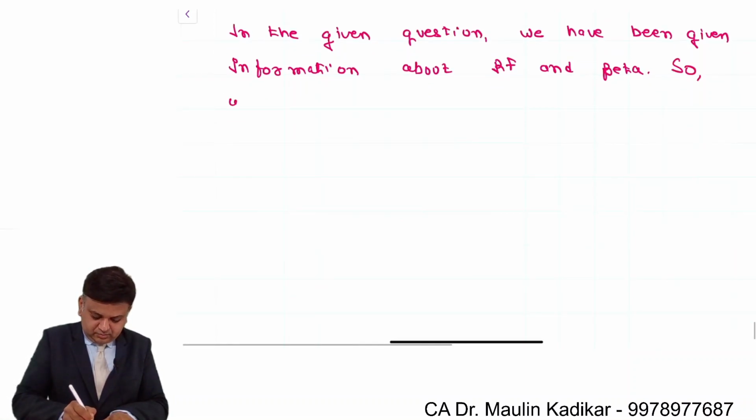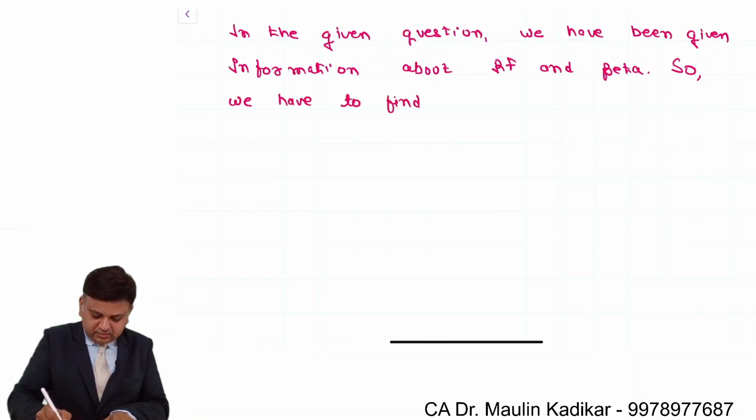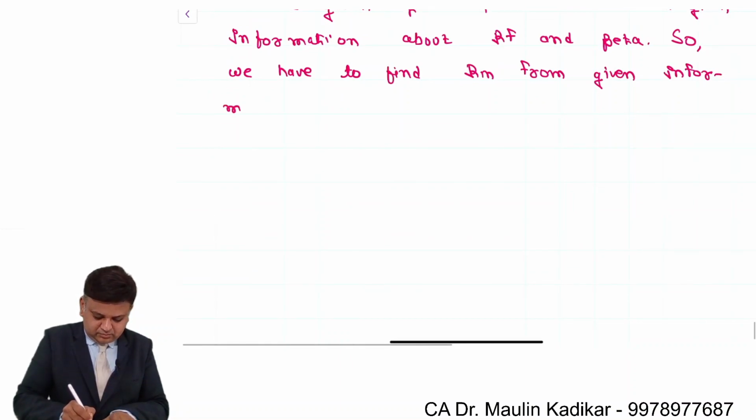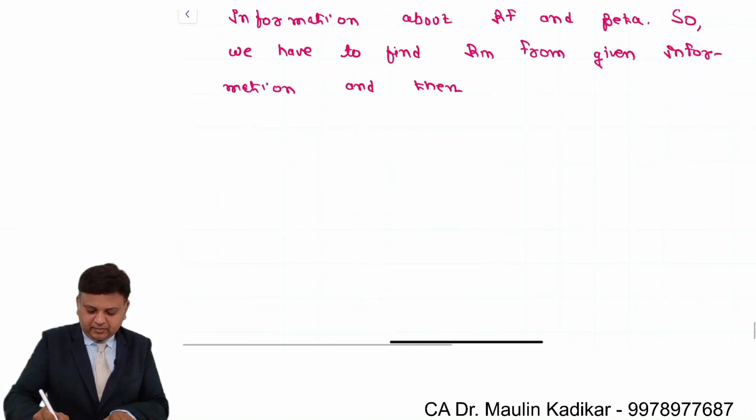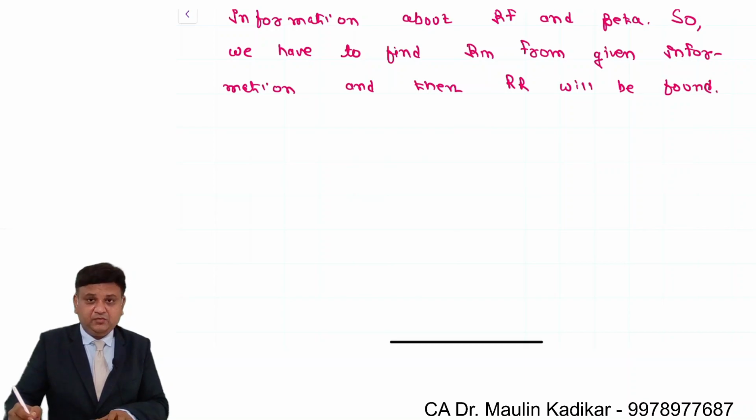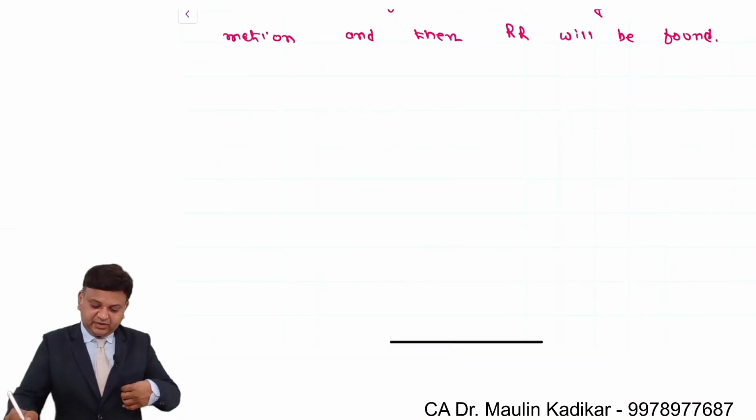So we have to find RM from given information and then the required rate of return will be found. Full stop. With paragraph write down.